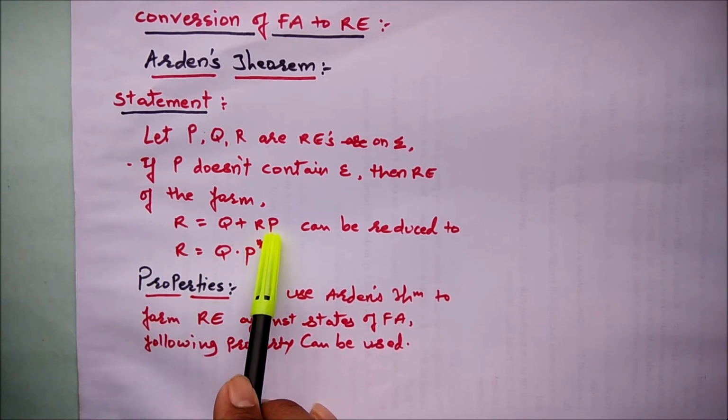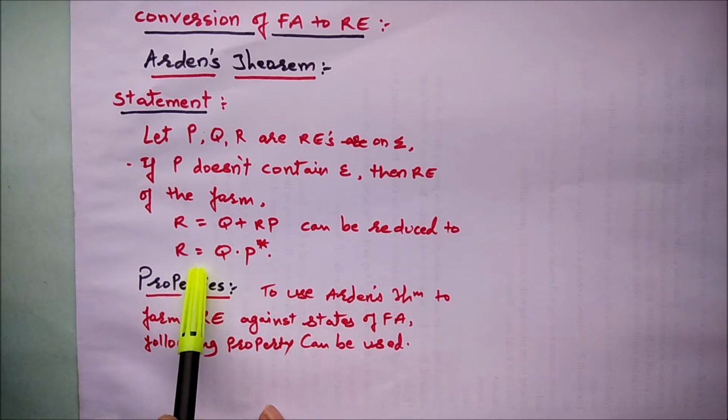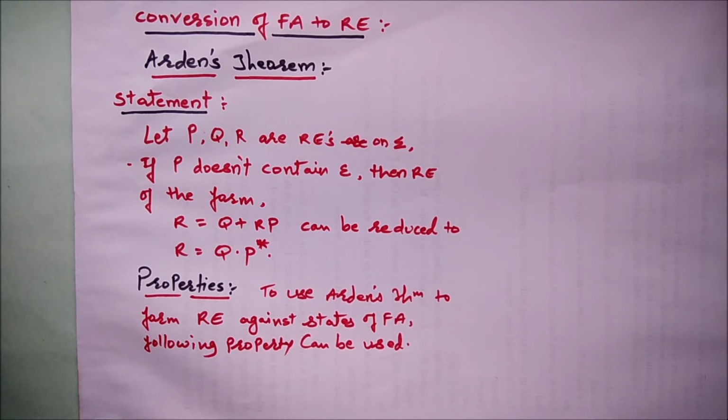So this is the main equation of Arden's theorem. Initially it will not be clear so much, but as we slowly solve one or two examples, we can easily understand this. So that's a very simple problem statement, my dear friends. To understand this, we have to solve some problems.